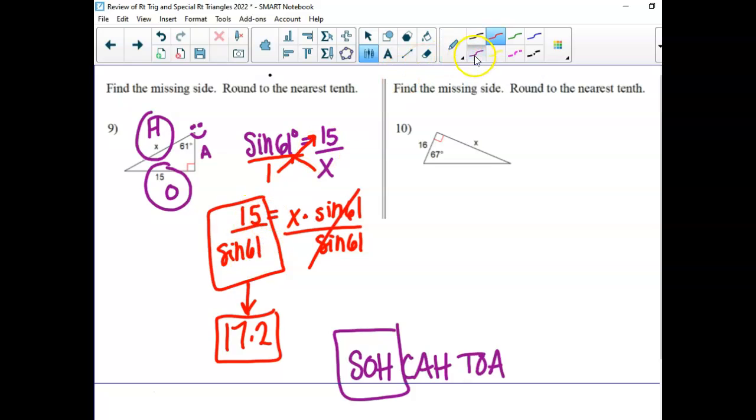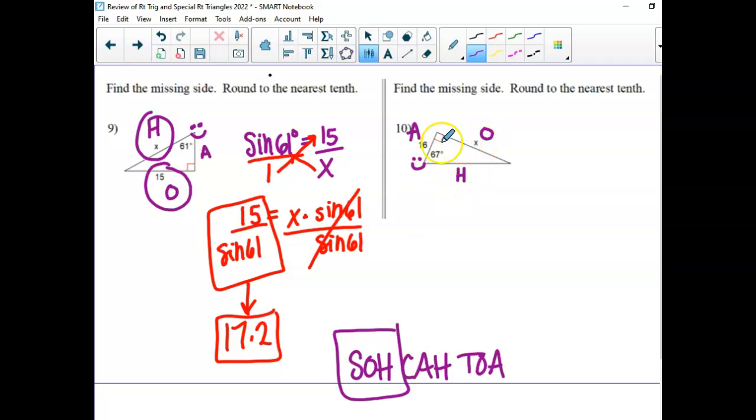Okay, on this one, where am I putting my smiley? Next to the 67 here. Where's the hypotenuse? Hypotenuse is down here on the bottom. Opposite leg is over here. Adjacent leg is next to my smiley face. So I don't know anything about hypotenuse.